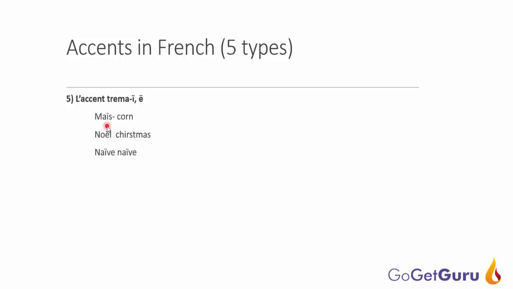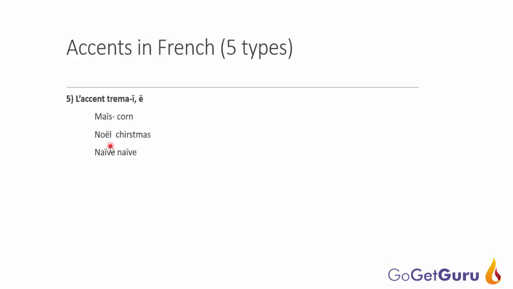You have to pronounce this word because of the tréma. You can see this I with a tréma on top, and before that there's always a vowel, like A, a vowel, I. So you have to stress both of them and say maïs.